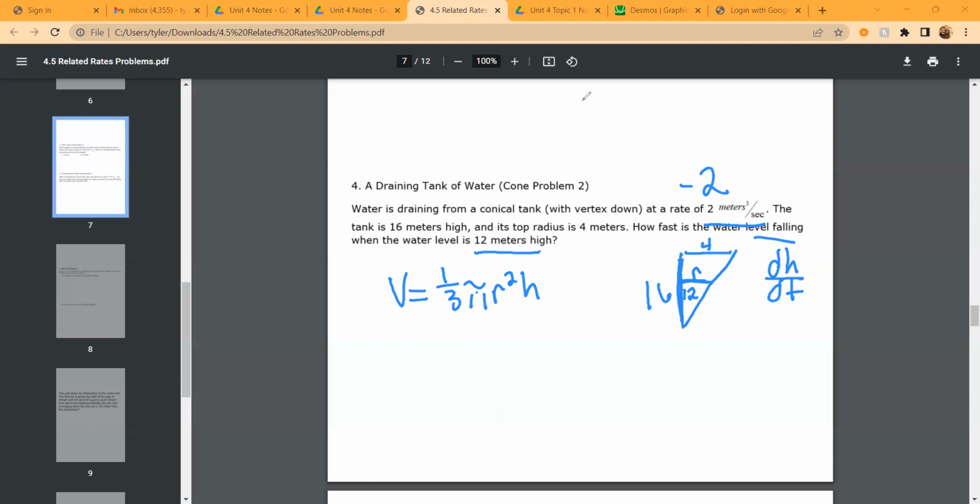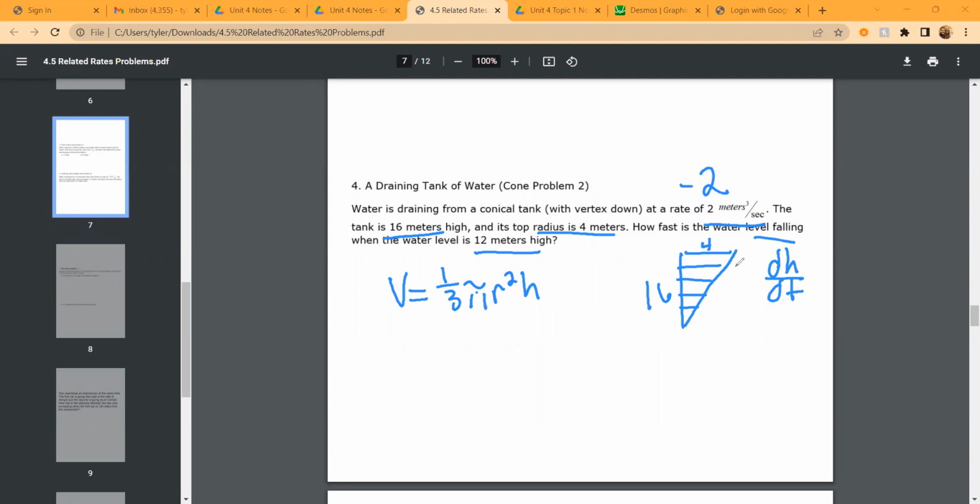So instead we say, okay, this tank always has this ratio of 16 to 4. This tank is 16 meters high, the top radius is 4, and that ratio is going to be there no matter how much the water level sinks. This is all similar triangles, so we keep that ratio no matter where we're at.